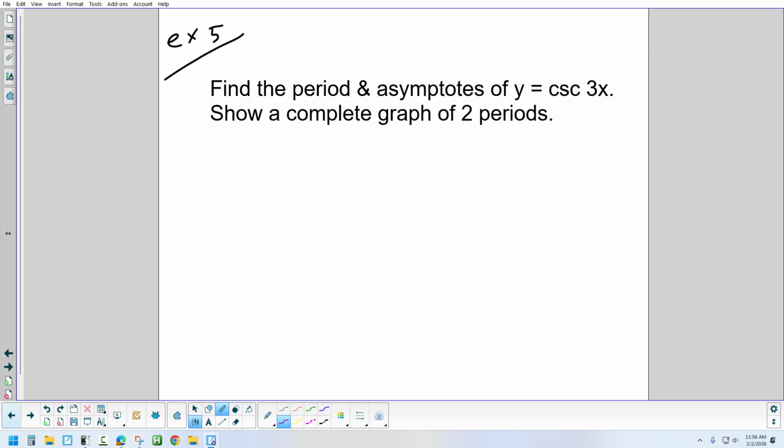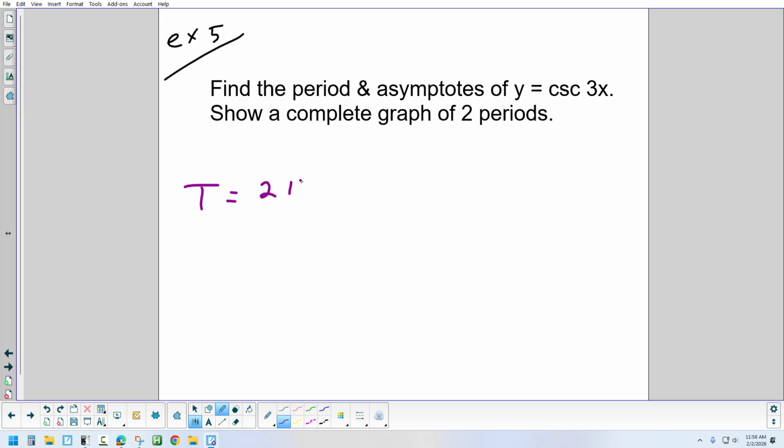Okay, it says find the period and show 2 cycles. Okay, what's the formula for the period of cosecant? You only have 2 choices. It's either pi over b or 2 pi over b. What is it? Yep.